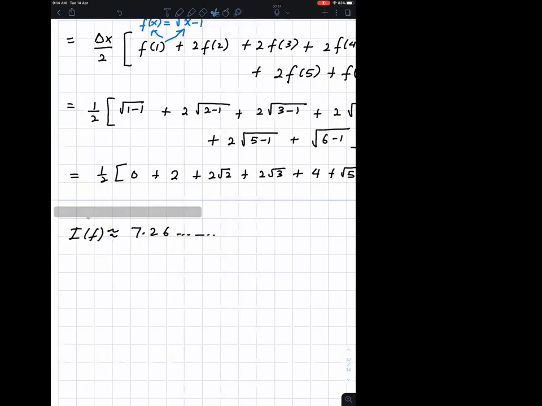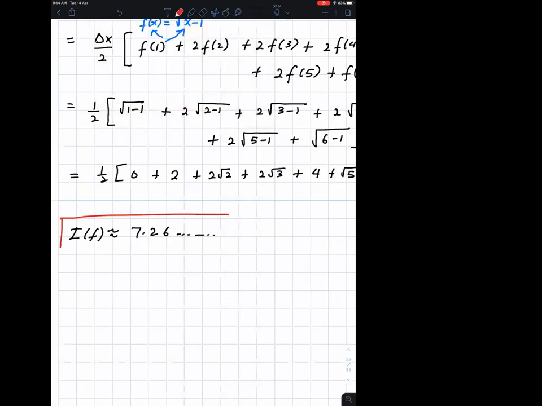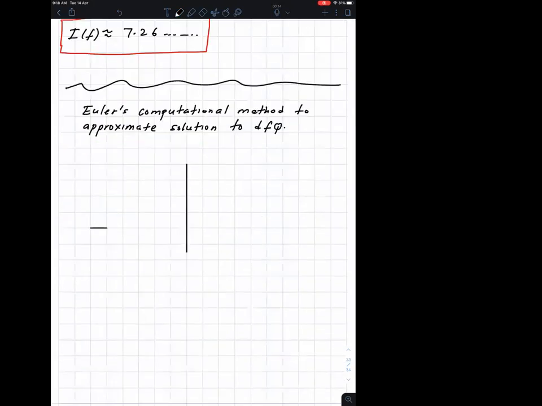This area is not the actual area. It is estimating the area of fx under the curve fx. So we have something like, maybe you have a solution to a differential equation. For example, assume a solution.